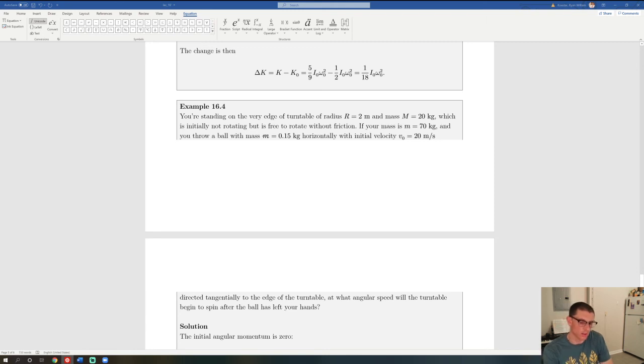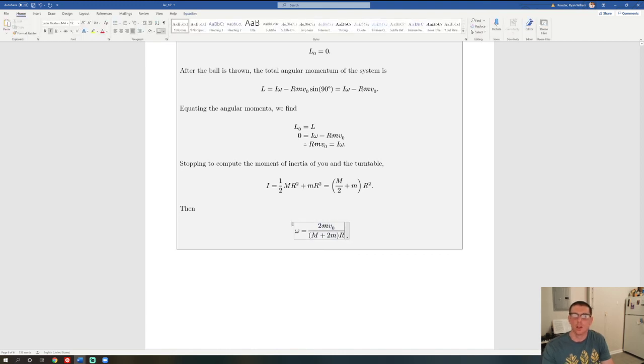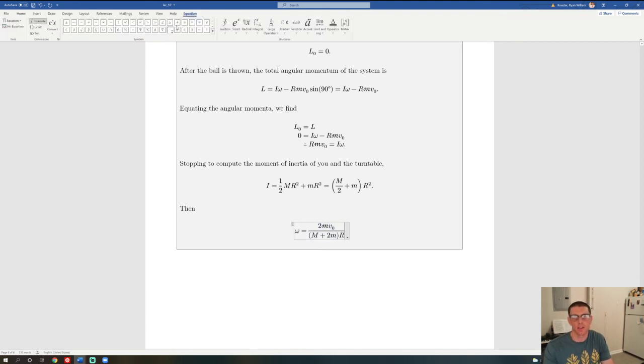Oh, we need R. Okay, so R is 2. I'm finding a very small angular speed here, but I think this is reasonable. I'm finding that it starts to spin at about 0.02 radians per second. So quite small, but noticeable, I think.